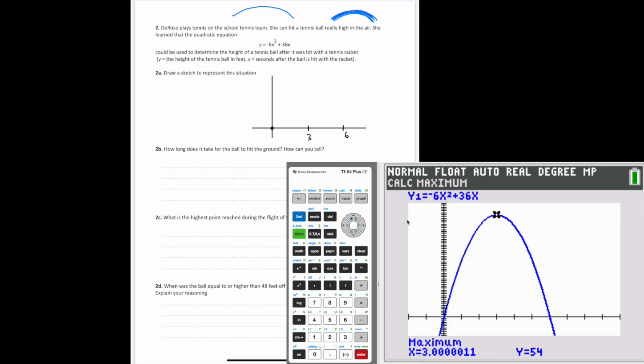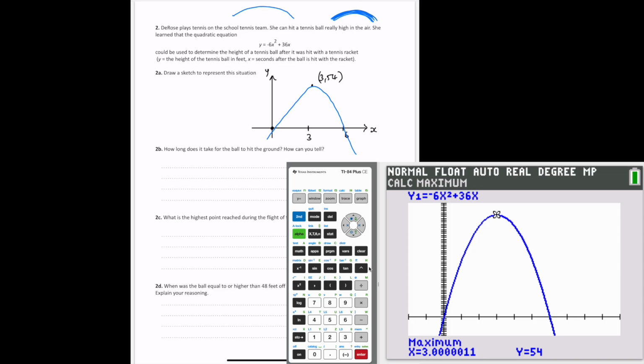It's at 3, which makes sense because it's symmetrical, and it's at the value 54. So 3, 54. Then I can draw my curve in, coming through. I do need to make sure my axis is labelled. In this one, it's just X and Y. Always double check in real life because it could be something different.